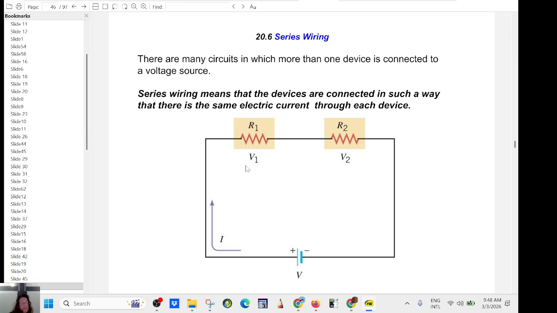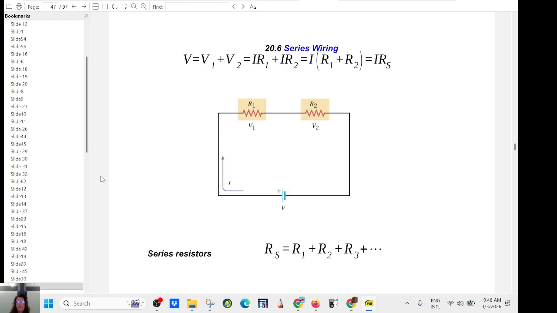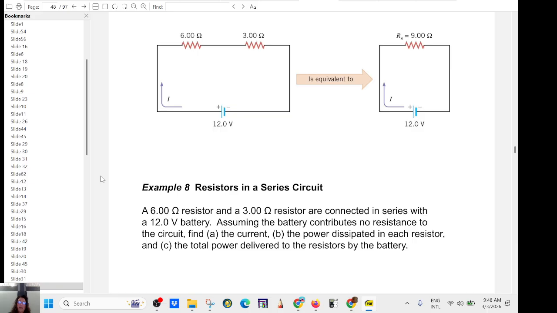Okay, circuit in series is when you have two loads next to each other. It means it's going to be the same current flowing through them. So that's easy. Let's take an example here. Skip to 49.